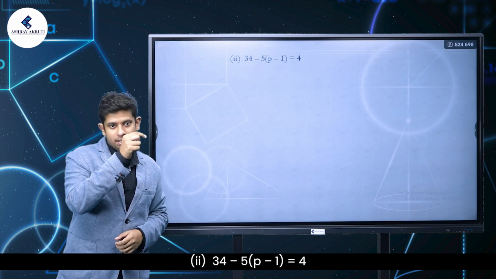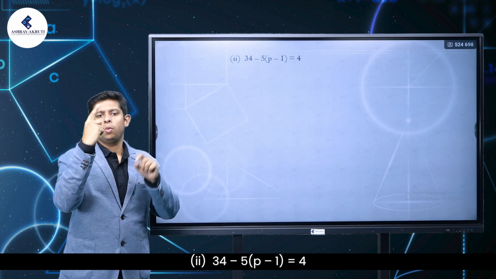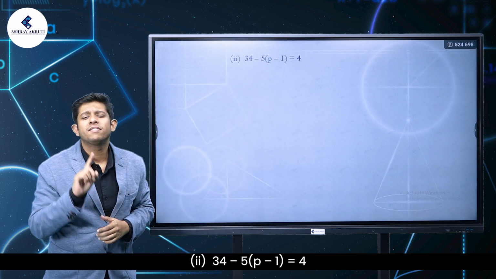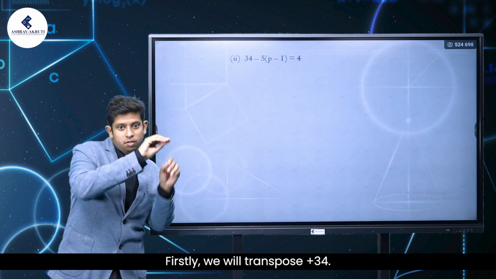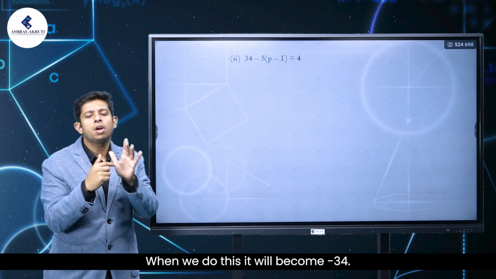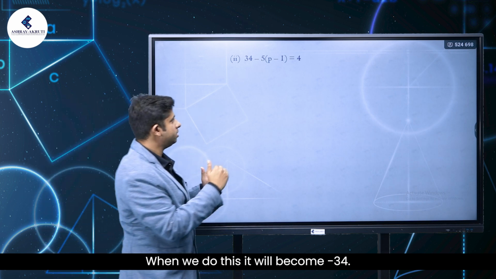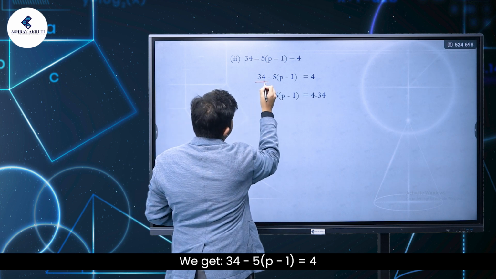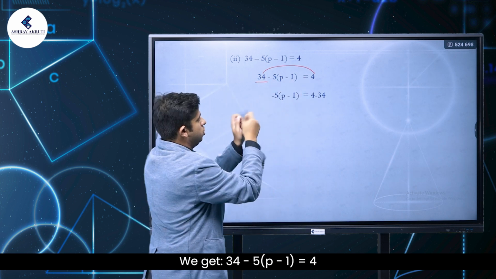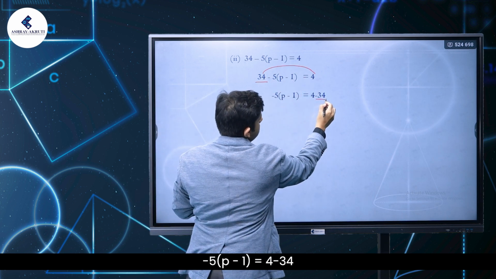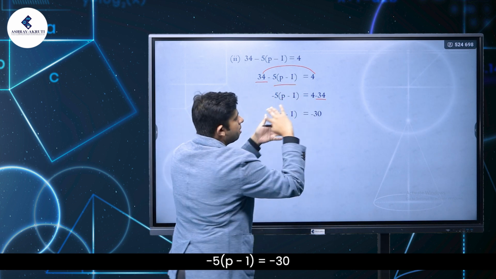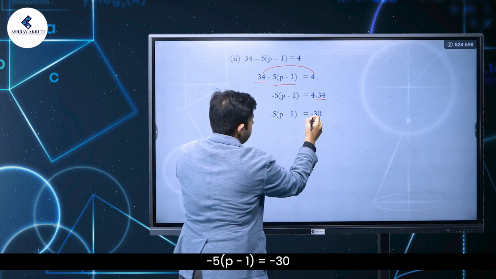Second problem. 34 - 5(p - 1) = 4. Firstly, we will transpose +34. When we do this, it will become -34. We get -5(p - 1) = 4 - 34, -5(p - 1) = -30.